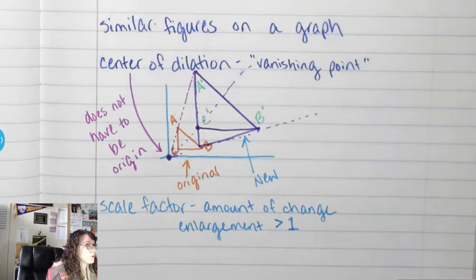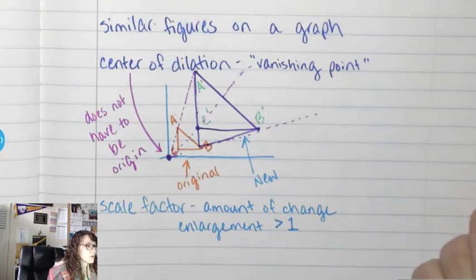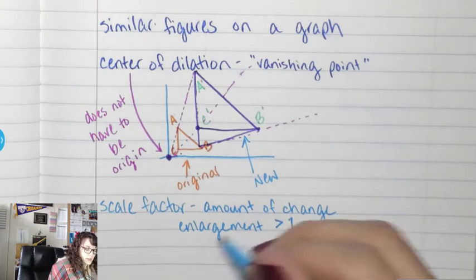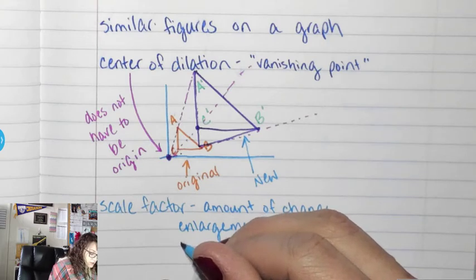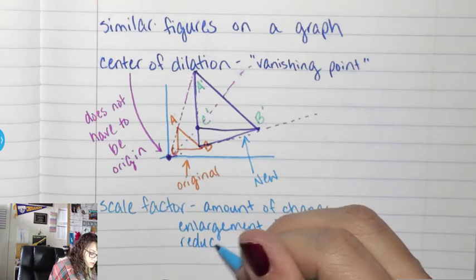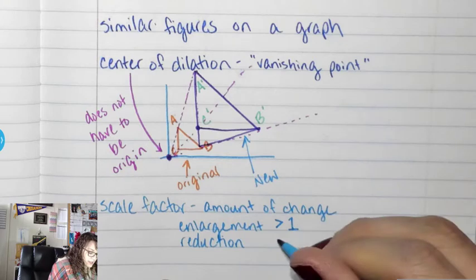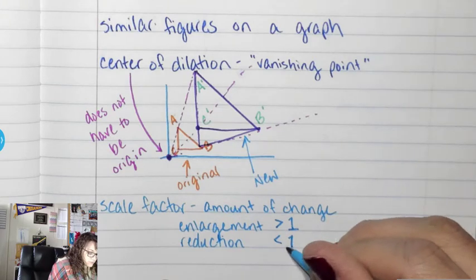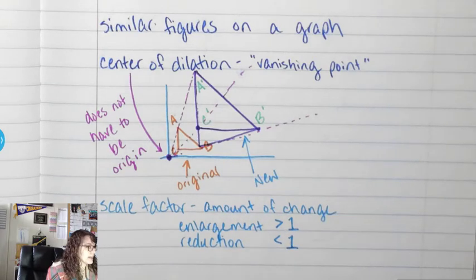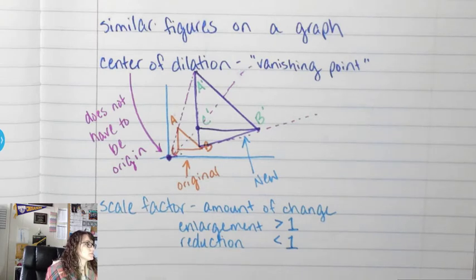If you double the size, that's a 2. Triple the size, it's 3. Quadruple is 4. If it's a reduction, it's less than 1. So if you took half the size, it gets smaller. A fifth of the size. A tenth of the size.